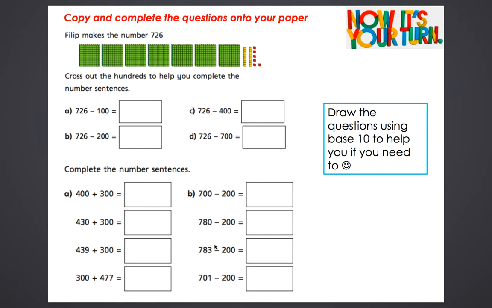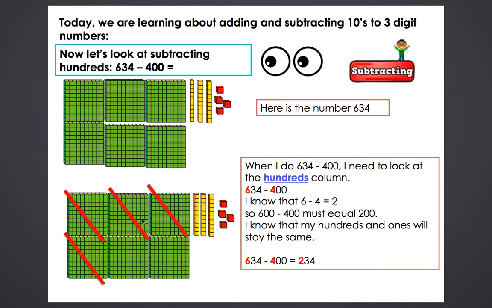Okay, I hope that helps you to understand what we're doing today. Now, here are your activities today. So again, if you can print, that's brilliant. If you can't, no worries at all. You can just copy the questions. So on the first one, Philip makes the number 726, and you've got the number here. It says cross out the hundreds to help you complete the number sentences. So like I did on this one, I just put a line through my hundreds when I was taking away.